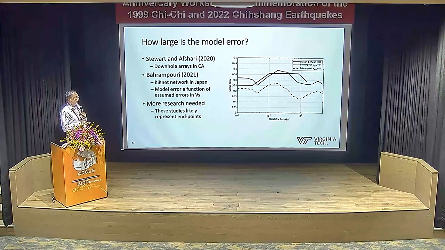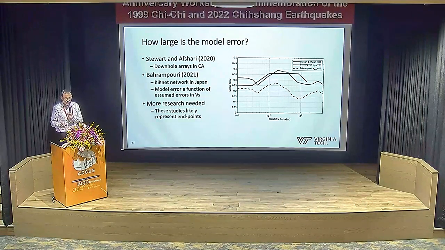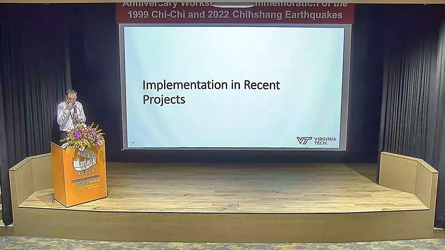In reality, this value is probably somewhere in between the two red curves, exactly where I think more research is needed to understand that. So I'm going to talk in the last few minutes about implementations in recent projects.